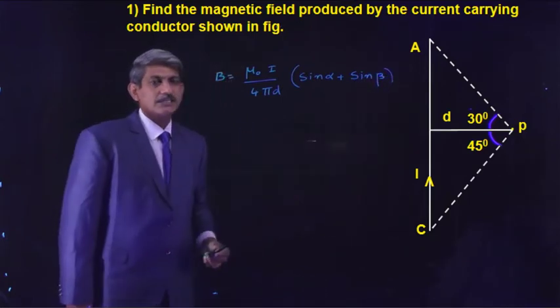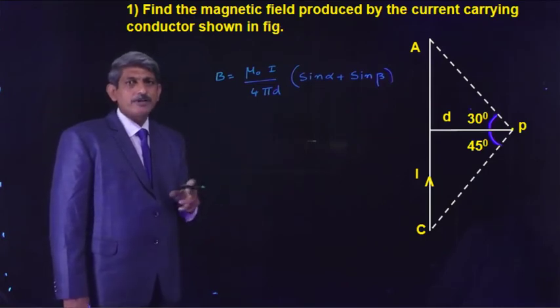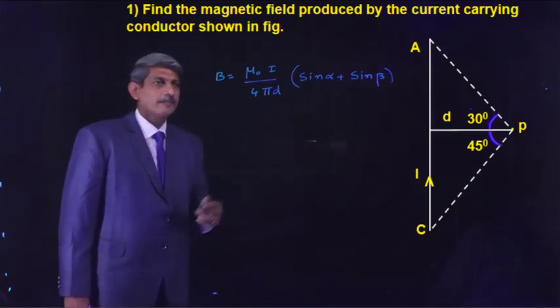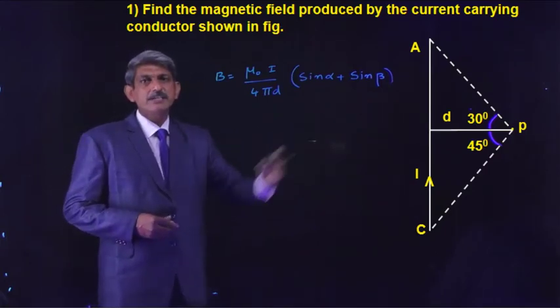Here alpha and beta are the angles elevated by the top point and the bottom point of the wire at point P. In this problem, alpha is given as 30 degrees, beta is given as 45 degrees.